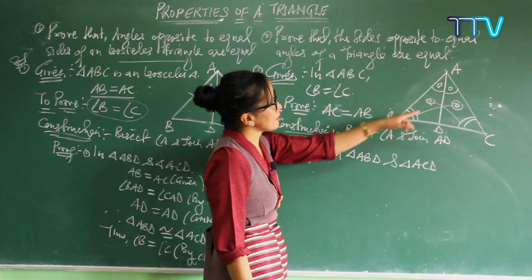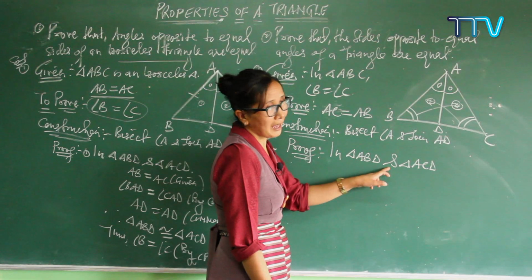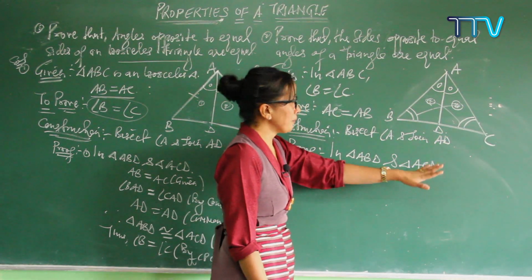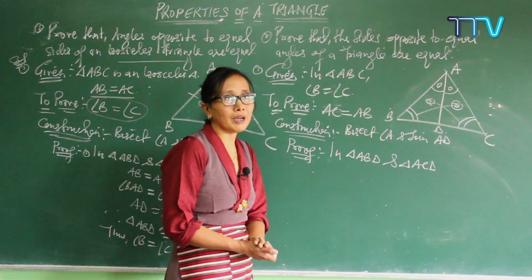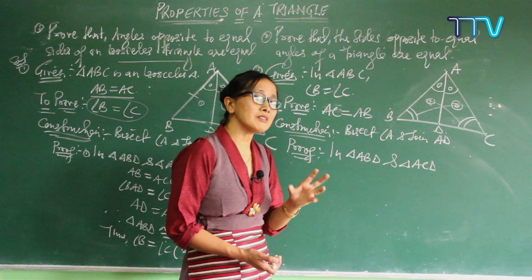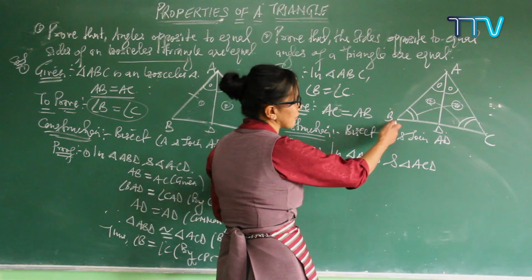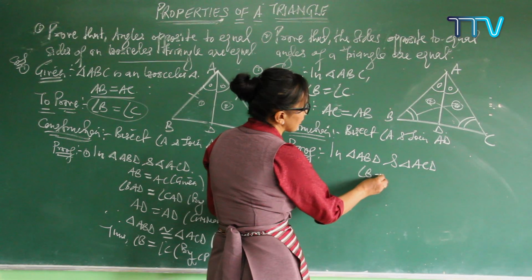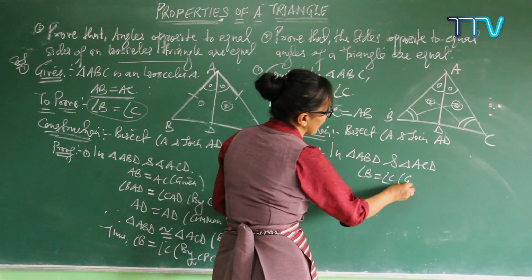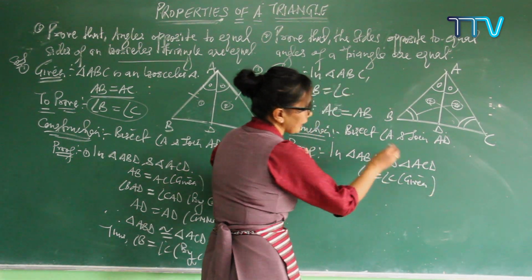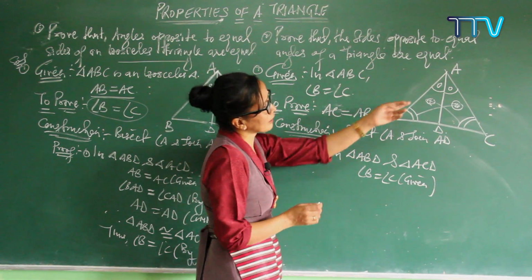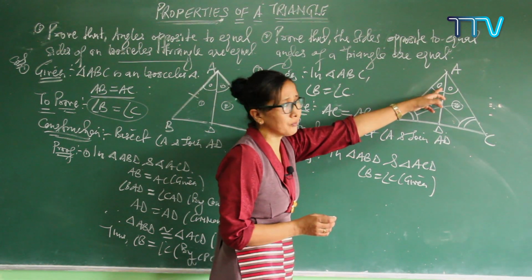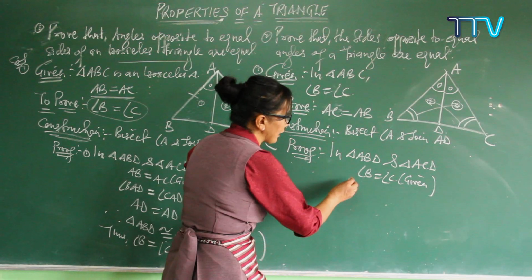So ABD and ACD, and now in these two triangles, which three parts are equal to each other? First of all, this is given: angle B is equal to angle C. And the second one, again, is by the construction you have written. So what is that angle's name?